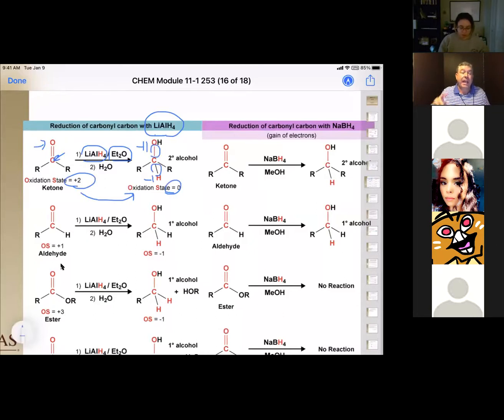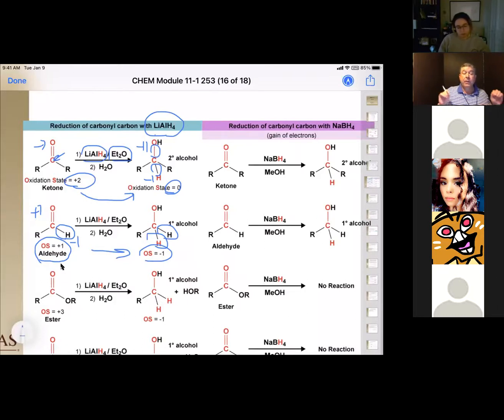So when we add our hydrogen to that carbonyl, we get a secondary alcohol. If we do it to an aldehyde, our oxidation state is actually higher because we have a single hydrogen here at +1 and -1, and we have +2, so our oxidation state is only +1, which means when we reduce it, we now have 2 hydrogens on there, and our oxidation state drops to -1.